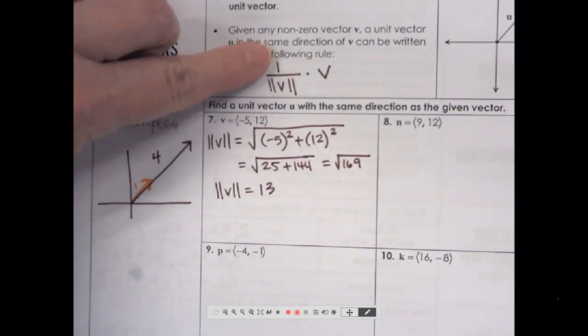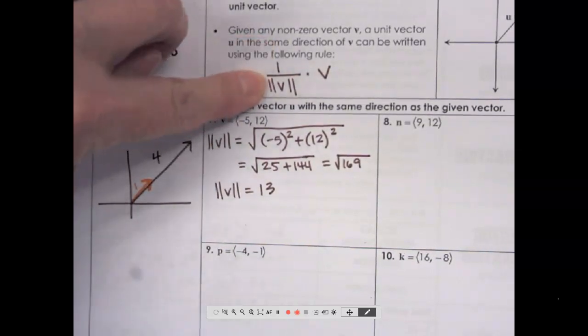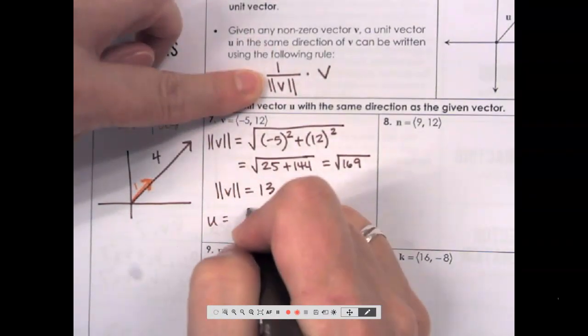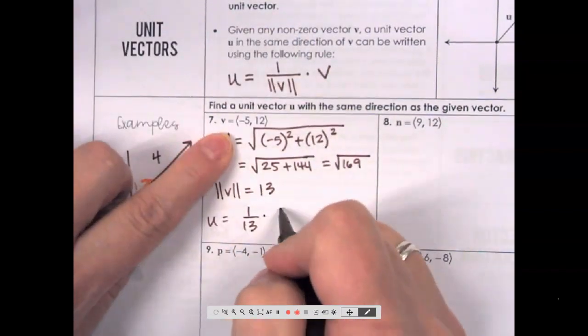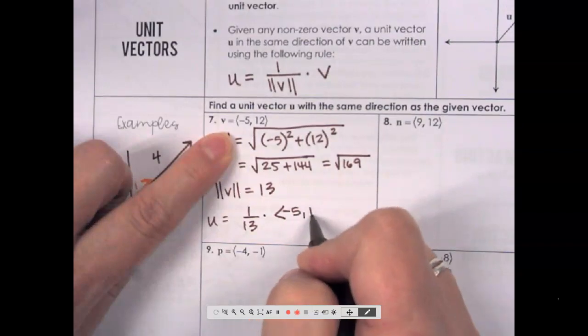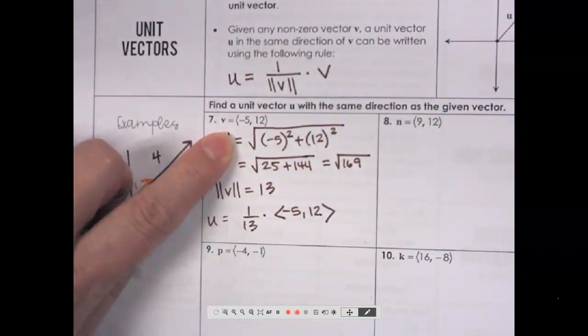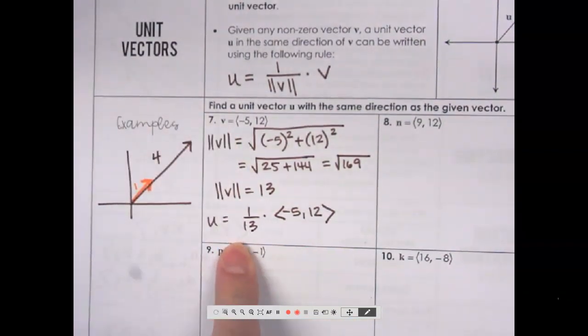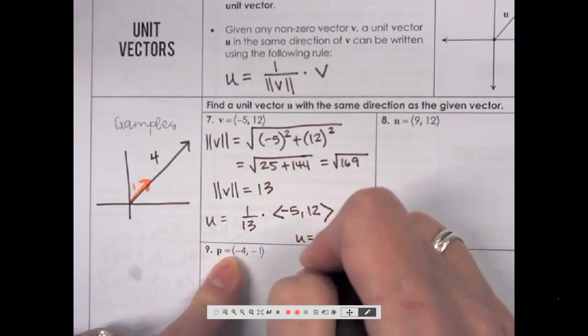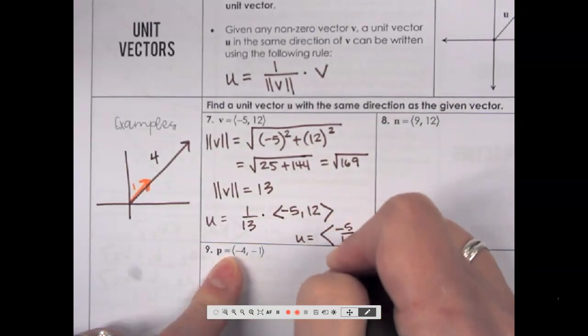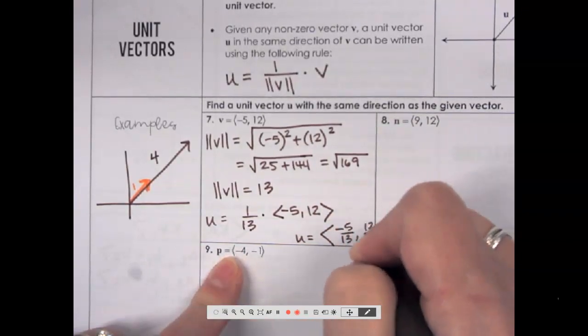Now we found 1 over 13. So the unit vector will be 1 over 13 times the vector -5, 12. That's a scalar multiplication. I'm going to take both components and multiply them by 1/13. So my unit vector will be -5/13, 12/13.